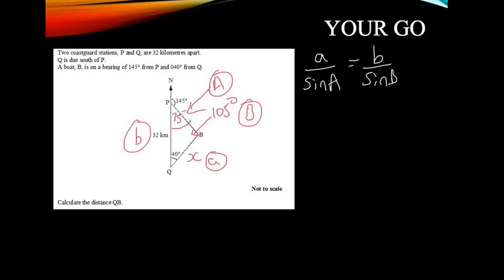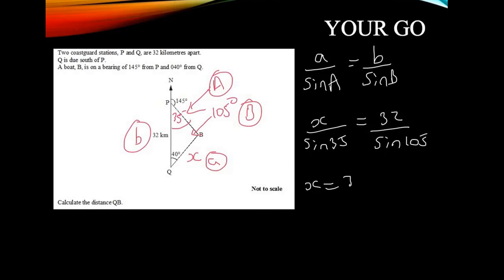Okay, let's start putting some information in there. So I've got X over sine 35 equals 32 over sine 105. Rearrange it to work out X.